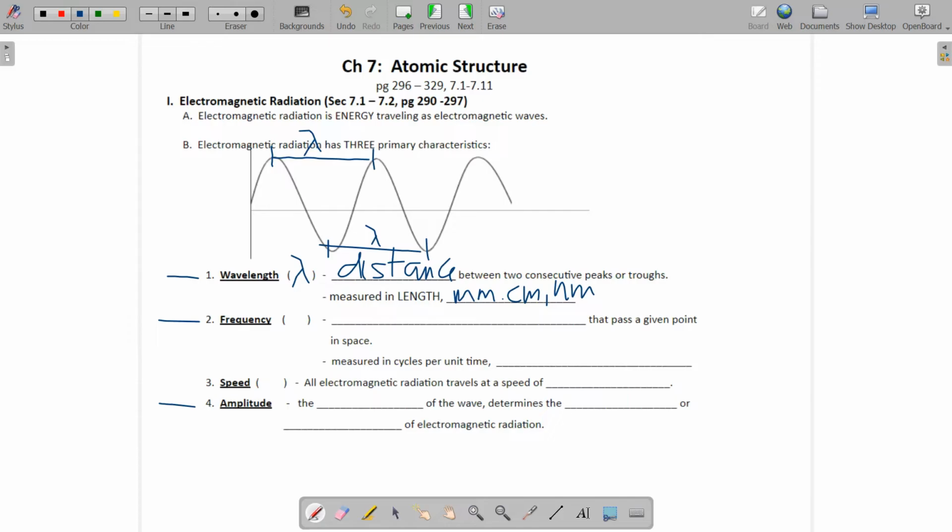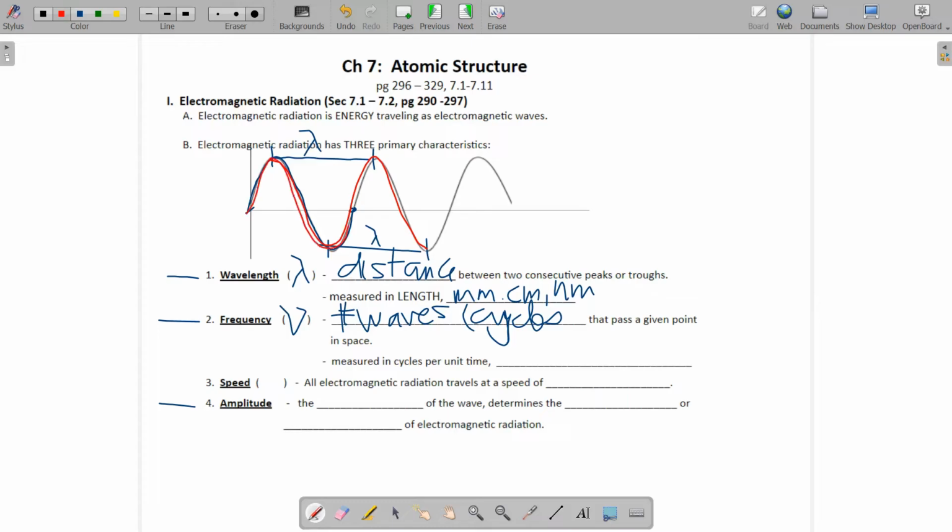The frequency is abbreviated nu, and that is the number of waves or cycles. So a cycle is, this is a whole cycle from midpoint to midpoint, or this is a cycle from here all the way through, okay?